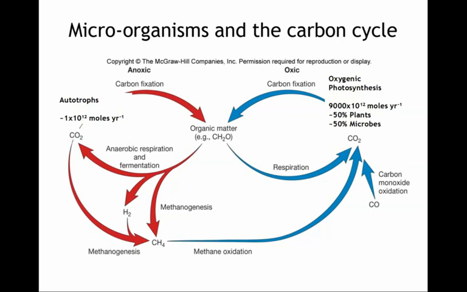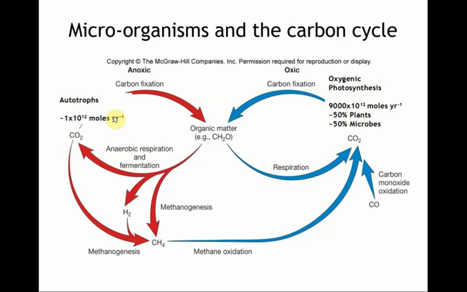So thinking about the carbon cycle and nitrogen cycle. Probably everybody knows this. You've got a cycle where carbon dioxide is incorporated into organic carbon by carbon fixation, either by plants, by oxygenic photosynthesis, or by autotrophs.